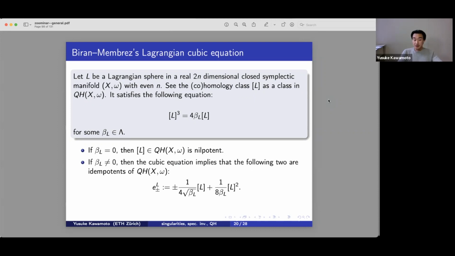It means that if you take the power of 2, it goes back to itself. It's an idempotent. But actually, you can say a bit more about this. They're not just idempotents, but they're actually units of field factors. That means that you multiply it to the whole quantum cohomology ring, and then you get the universal Novikov field. So it gives you a field summand.